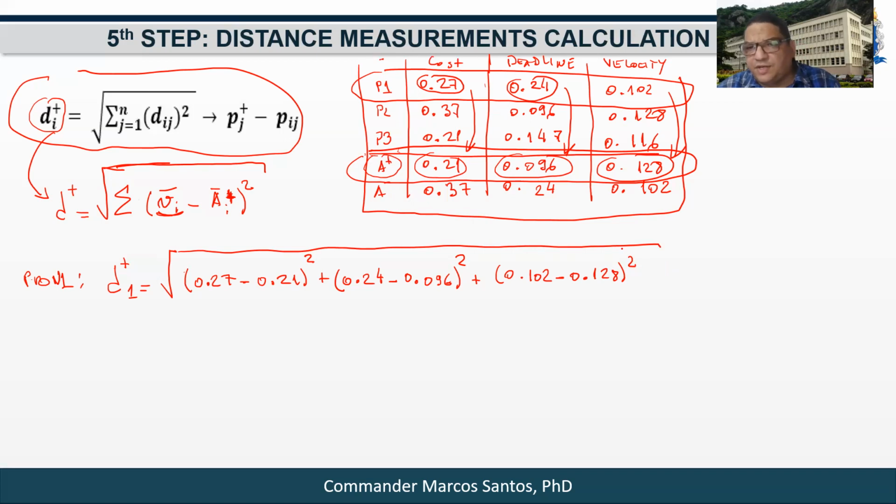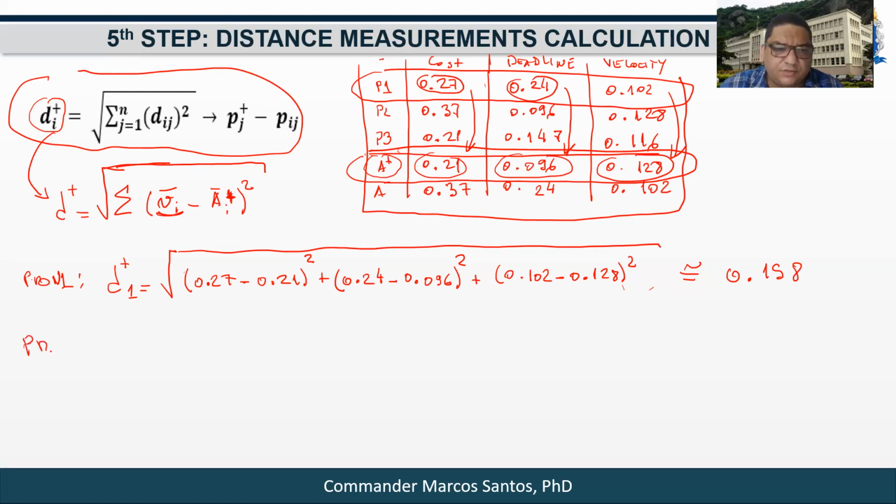And now you can use the calculator on your computer. So you will find approximately 0.158.